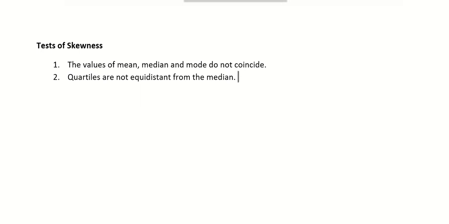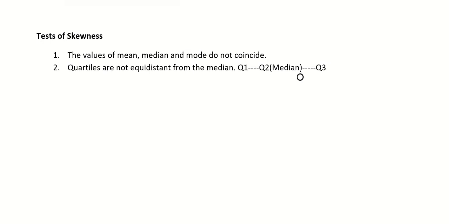Basically, what is the formula for quartiles? So how do we say Q1, Q2, and Q3? This Q2 value is also called median, because it divides the data into equal parts, right? So in case of skewed data, the gap of Q1 and Q2 and the gap of Q2 and Q3 are not the same.